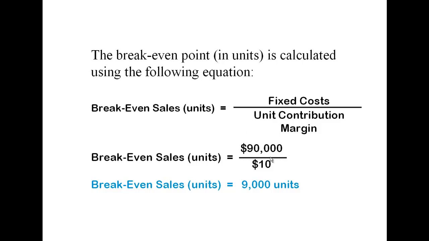And the difference between the sales and the variable cost is $10 per unit. So this is like the unit profit. You can think about that, right? So it's the unit contribution margin, the difference between the sales per unit and the variable cost per unit. So in this case, we can think it's probably direct materials and direct labor and anything like that. So that $90,000 divided by the $10 is how we came up with 9,000.